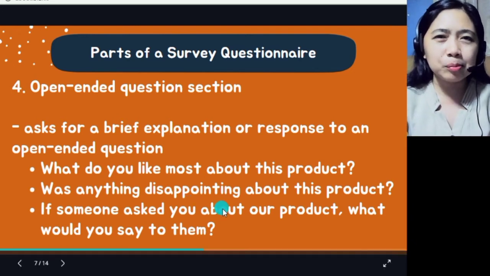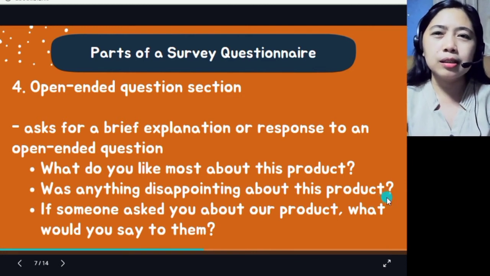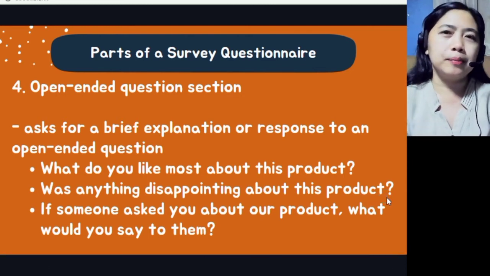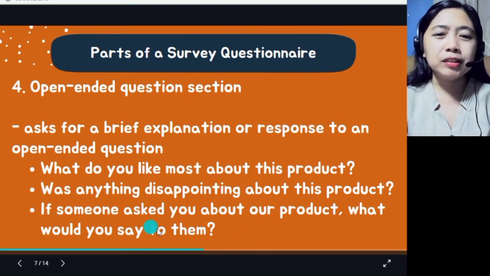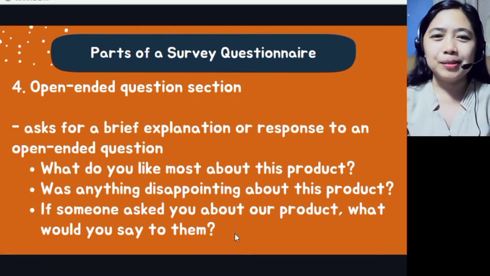Okay, was anything disappointing about this product? Okay, pero ba kay masulti bitaw tuod no kay so makasumpay pa siya. If someone asked you about our product, what would you say to them? Okay, ako dyan ni ma-recommend sa uban kay ngano mo man ni ang so dayon.